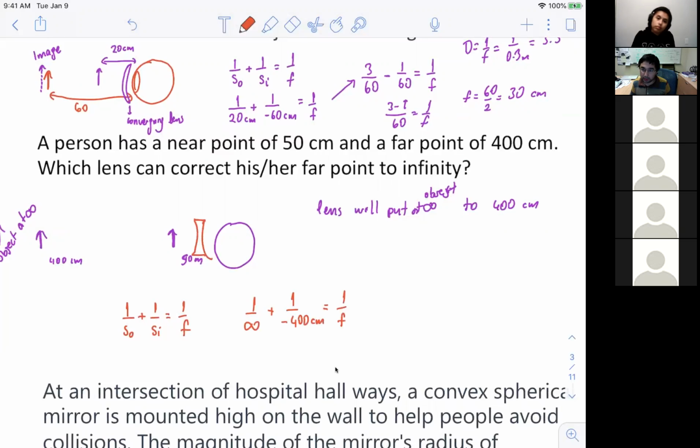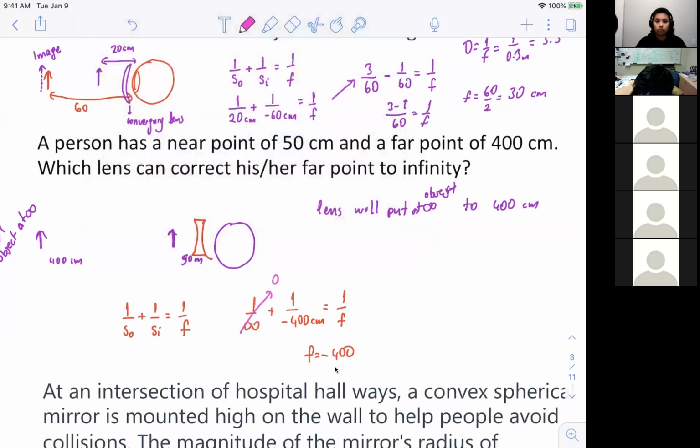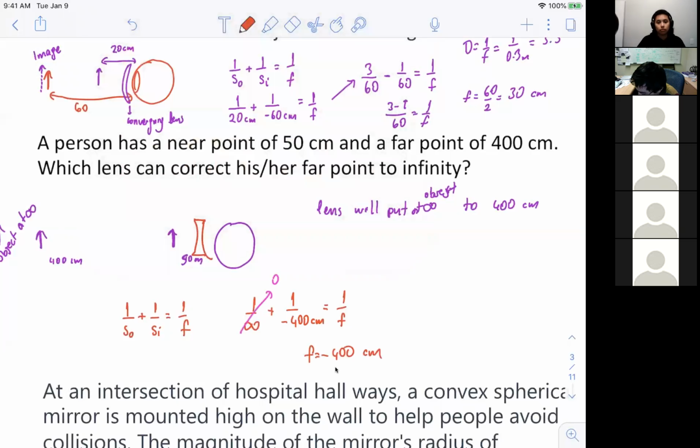In the sign convention, to have both positive, they must be on different sides. Then the focal length is going to be minus 400, because 1 over infinity is 0. With that you can correct the far point of that patient.